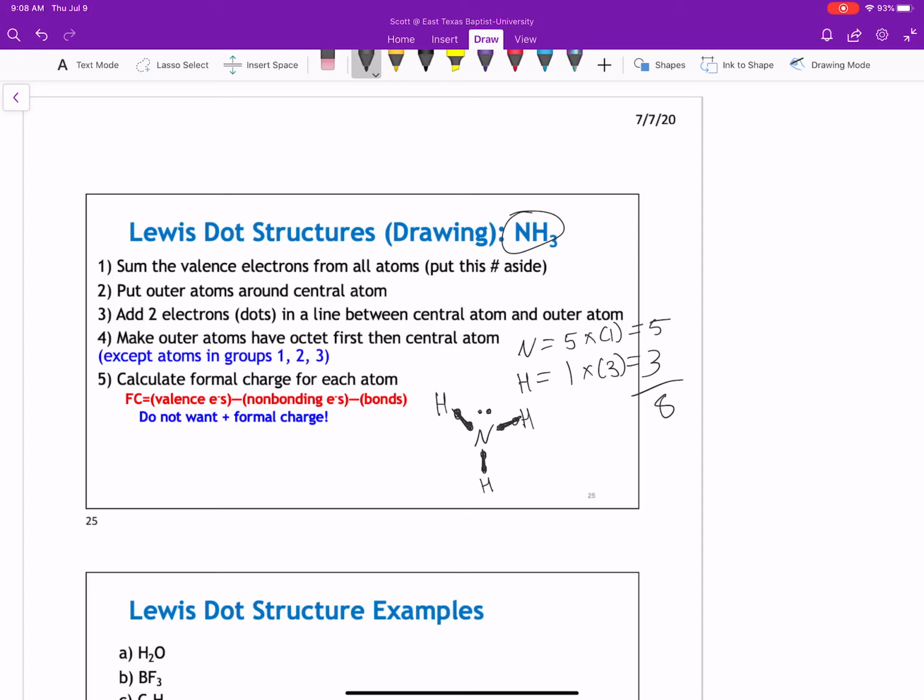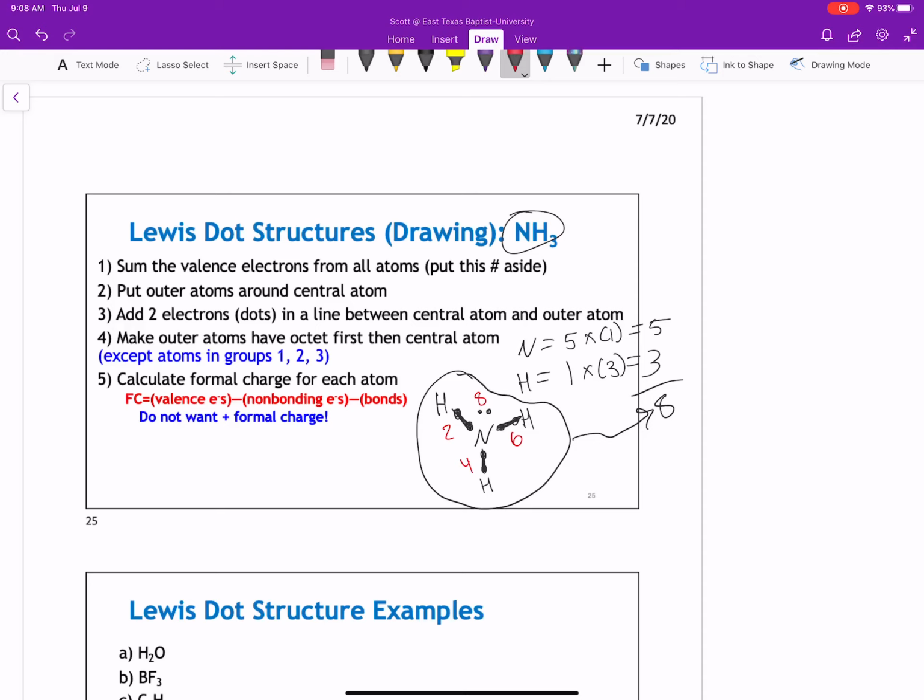And then in order to judge if this is complete or not, we need to tally up to make sure the total electrons found in this structure equals that number. And let's see, we have 2, 4, 6, and 8. And so that's good.